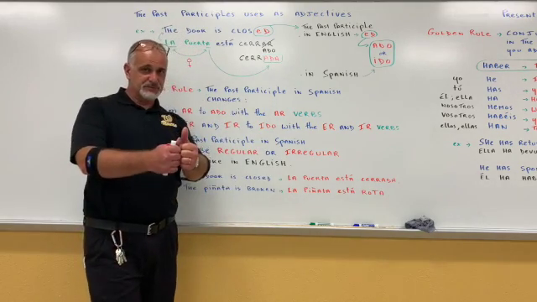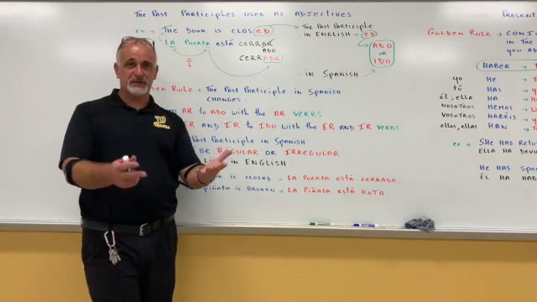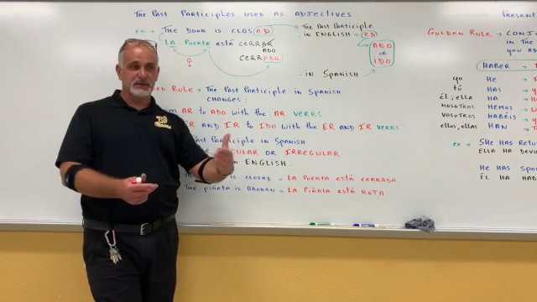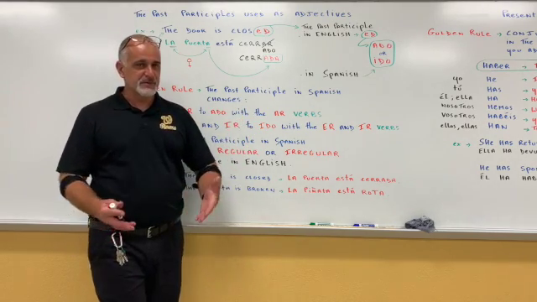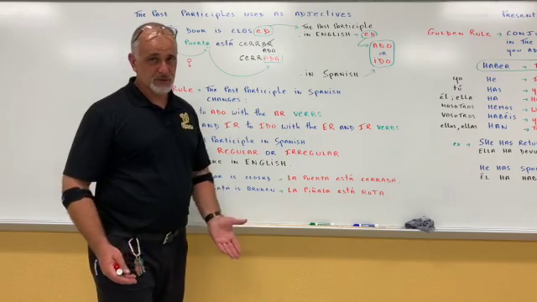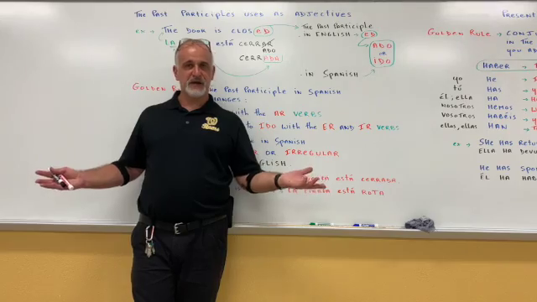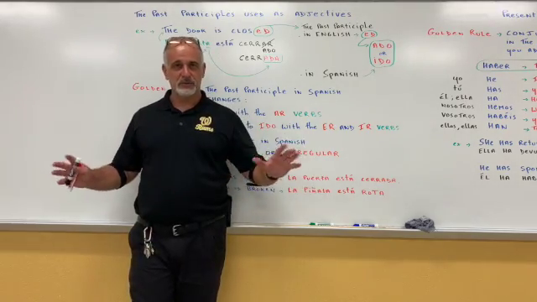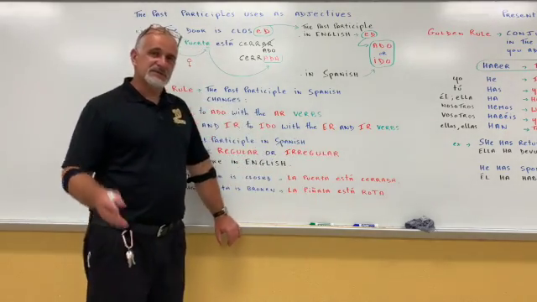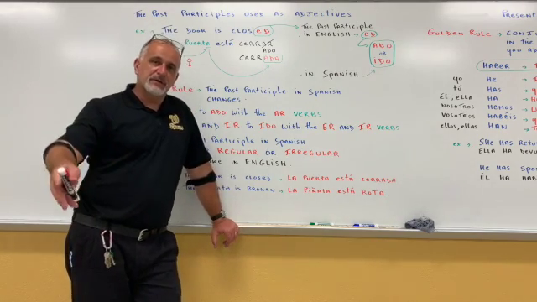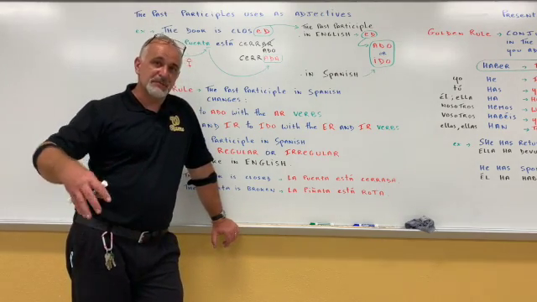So the AR verbs, let's say you take hablar, and you want to say spoken, which would actually be irregular in English, right? But in Spanish, it happens to be regular. How do you know that? Because you take hablar, you drop the AR, and you replace it with ado, and you have hablado for spoken, you see? So it's not always the case that the irregular past participle in English will be irregular in Spanish.